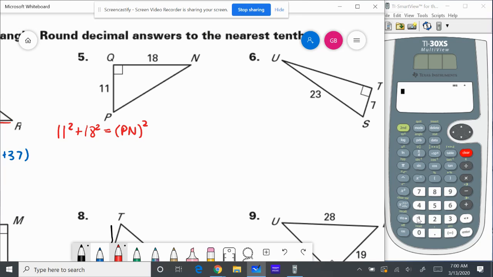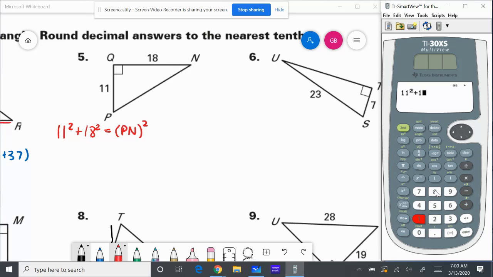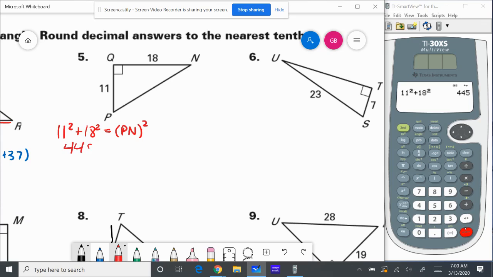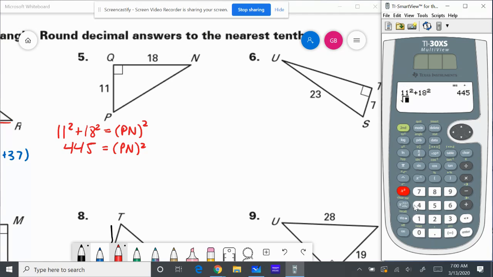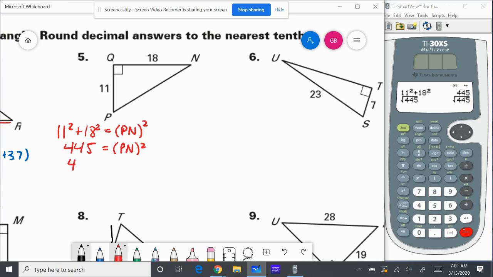Using the calculator, 11 squared plus 18 squared, that's 445. And then the square root of that. Okay, it's already simplified to the square root of 445. That's PN.